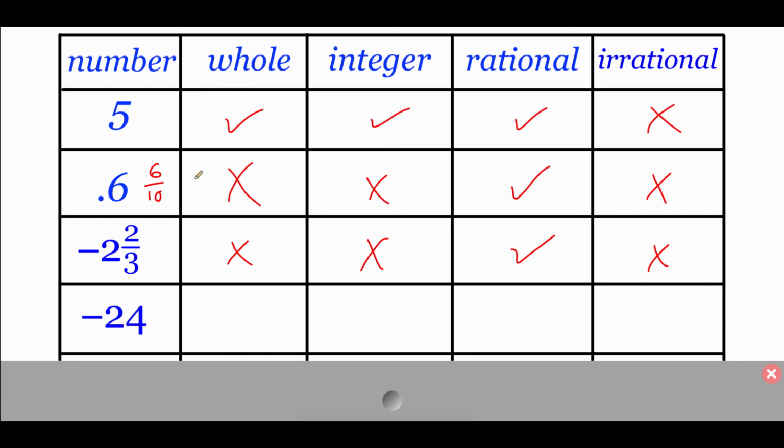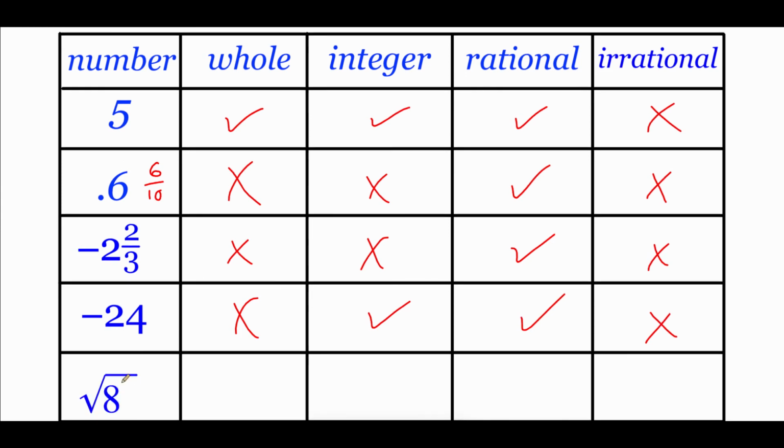Whole numbers started at 0 and counted up from there. Whole numbers did not include negative numbers, so it's not a whole number. Integers included all of those positive whole numbers and their opposites or their negatives. So the integers do include negative numbers. So -24 is an integer. -24 can be written as a fraction by putting it over 1, so it is rational. And because it is rational, that means that it is not irrational.